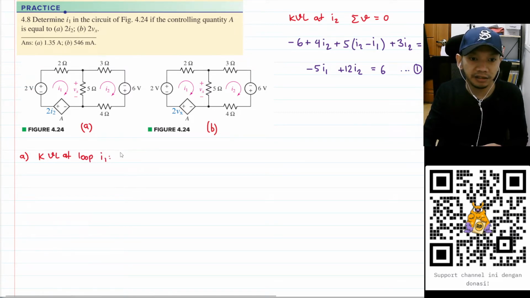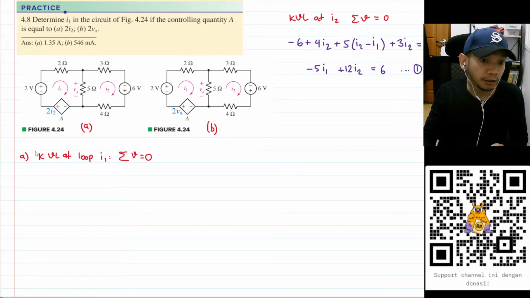And again, the sum of voltage in a loop will equal 0. We will start from this one, which is 2 volt, but the current is flowing from negative to positive. So our sign will be negative and the value will be 2. And for this 2 ohm resistance, we multiply it by I1.